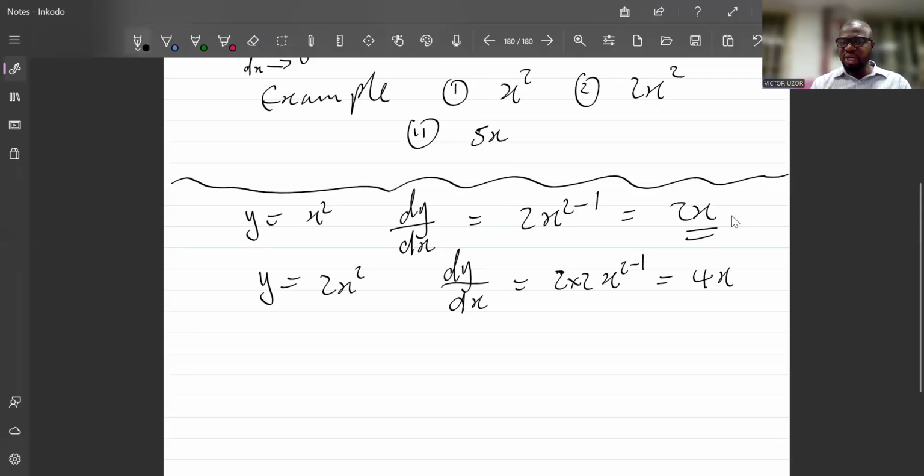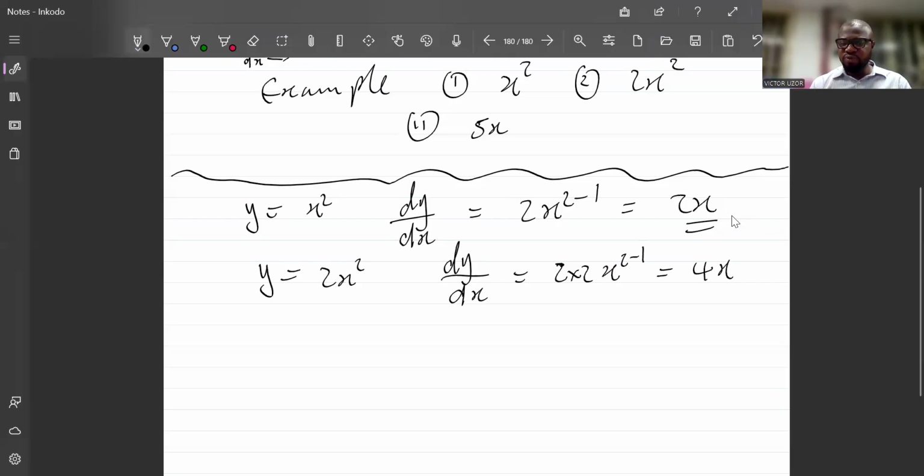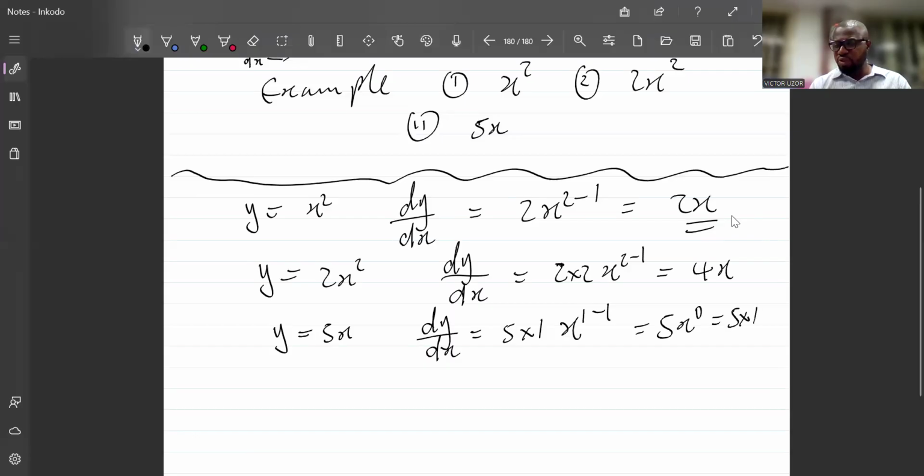Okay, so the last one, when you differentiate y is equal to 5x, now we assume that the power of x is 1. So dy over dx will be equal to 5 times 1, x raised to power 1 minus 1, which will give you 5x raised to power 0, which will give you 5 times 1, which will give you 5.